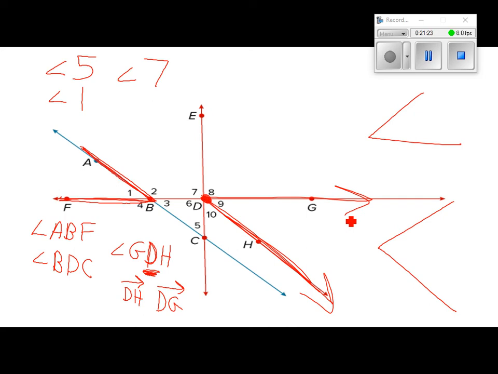Name me a straight angle in this picture. EDC. Does everybody agree that that's a straight angle? Yeah. BDG, would that be a straight angle? What do we know about a straight angle?